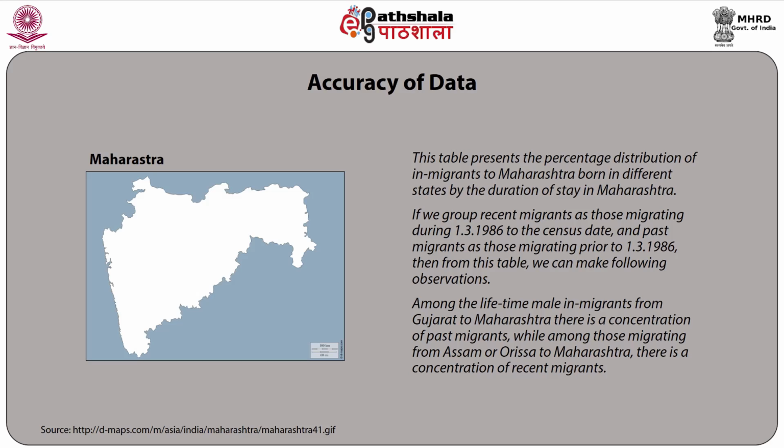Among the lifetime male in-migrants from Gujarat to Maharashtra, there is a concentration of past migrants, while among those migrating from Assam or Odisha to Maharashtra, there is a concentration of recent migrants.